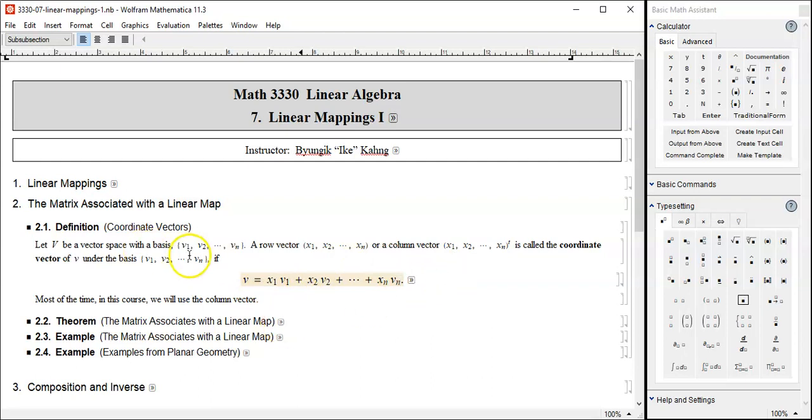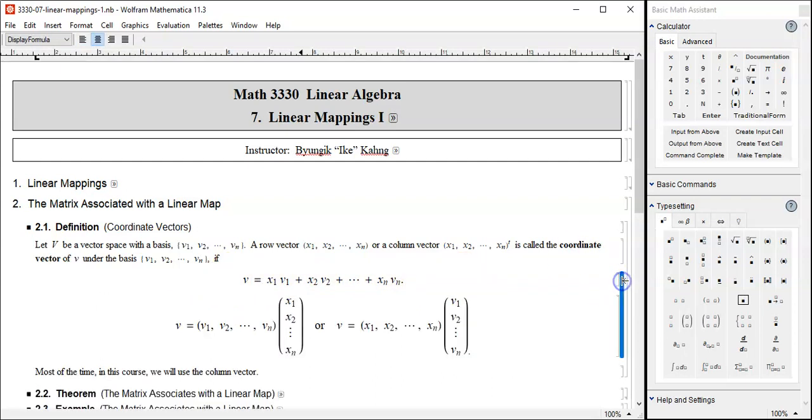Since this is a basis, every vector can be written as a linear combination of these, and the linear combination is unique. You can express it in column vector form or row vector form. Either way, you get the same thing. It's just a matrix multiplication, isn't it?